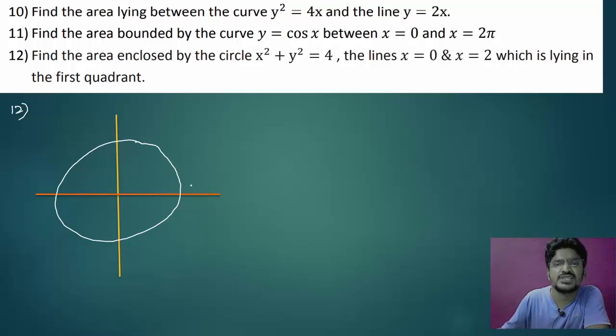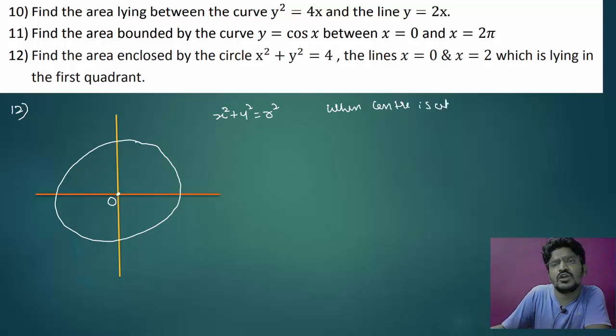Let us take this is the circle. They are asking from x equal to 0 to x equal to 2. See here, my dear students, the circle equation is x square plus y square equal to r square when the center is at the origin.